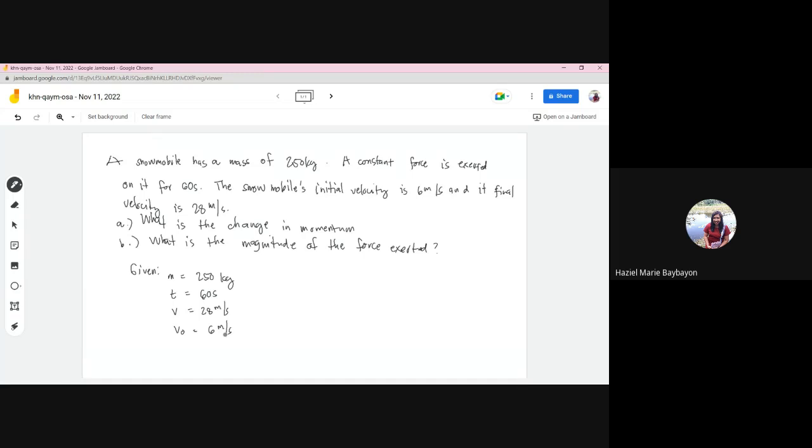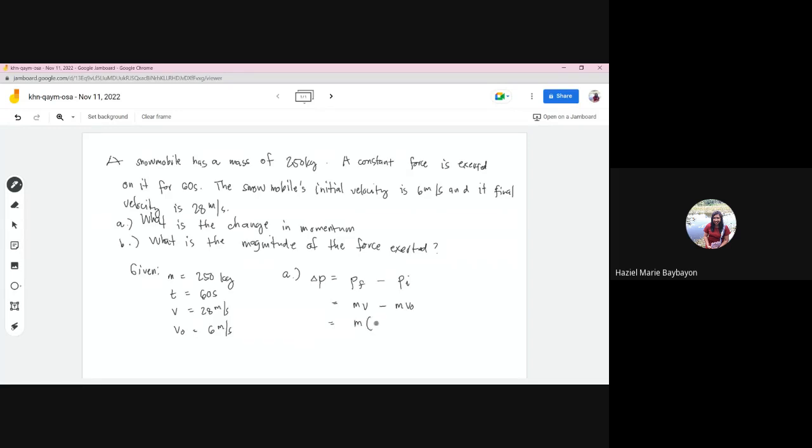Okay, so we are asked to find the change in momentum. So when we say change in momentum, we just have to account for the momentum final and then subtract it with the momentum initial. Okay, so in this case, we have m v final minus m times v initial. So we can factor out m.